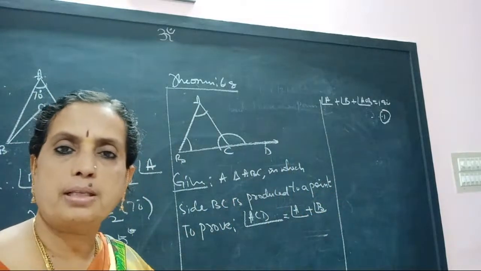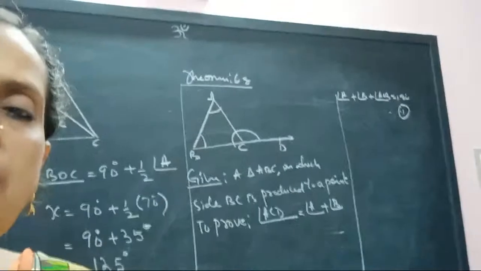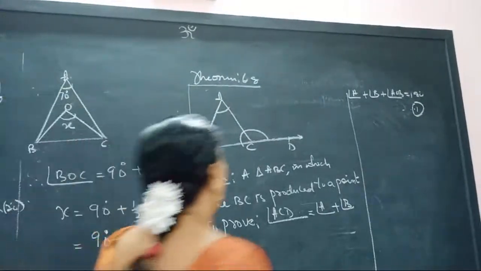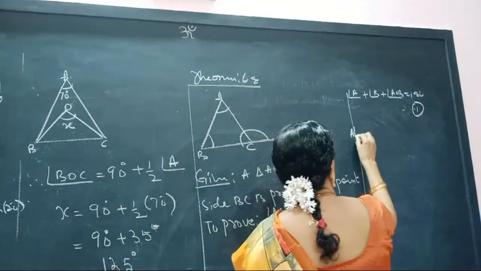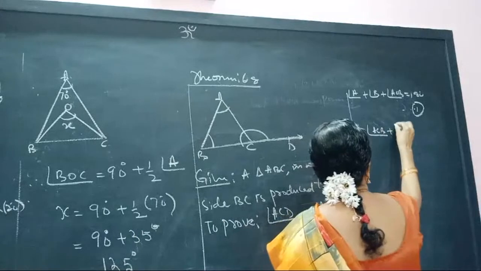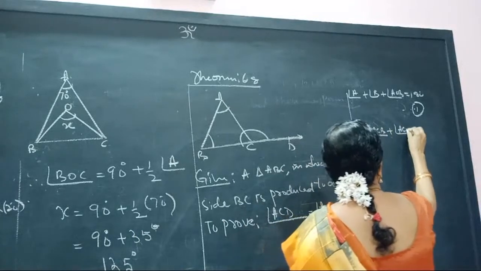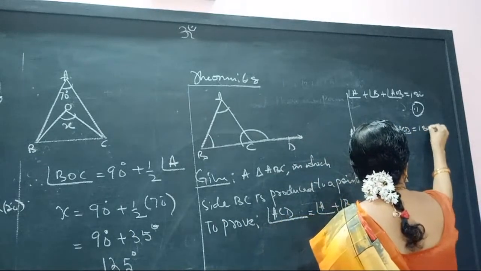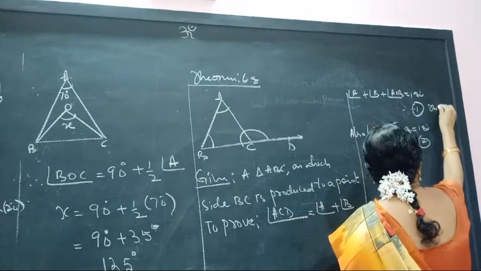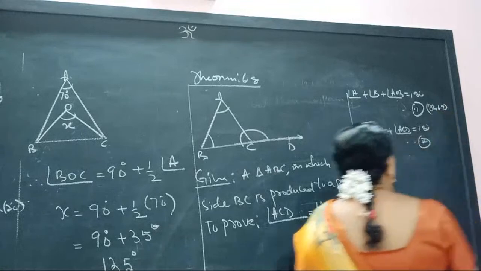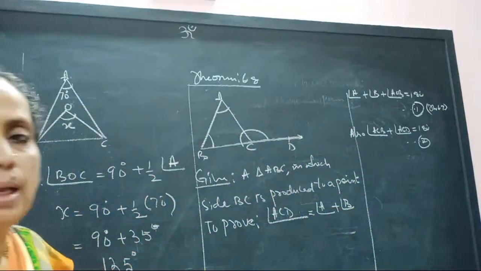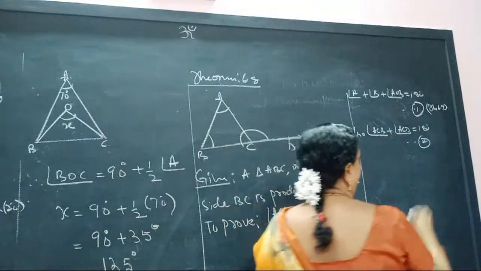Can you see all this? Okay. Also, angle ACB plus angle ACD equals 180 degree. Result 2. This is theorem 6.7 and the second reason is linear pair angles.